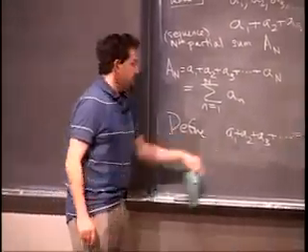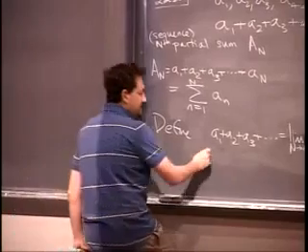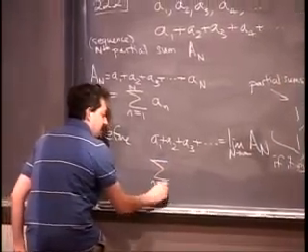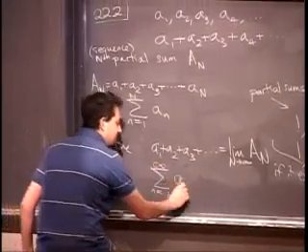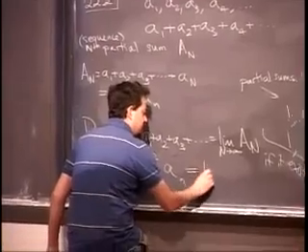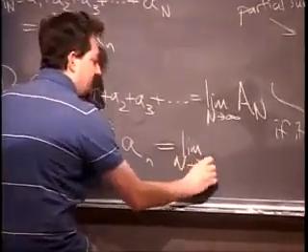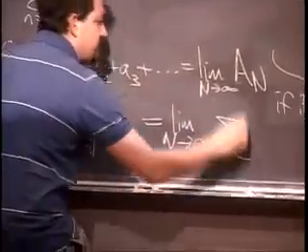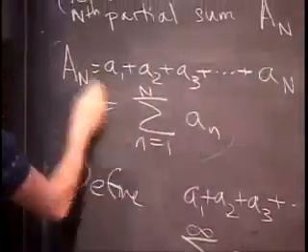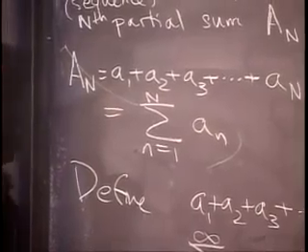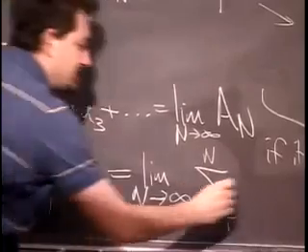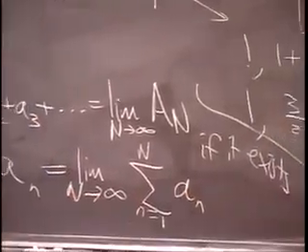By the way, this becomes almost a no-brainer if you write it in sigma notation. In sigma notation, the left-hand side is written the sum from n equals 1 to infinity of a_n. And on the right-hand side, we have the limit as capital N goes to infinity. And if you look up here at the definition of A_N in sigma notation, well, this is just the sum from n equals 1 to N of a_n.